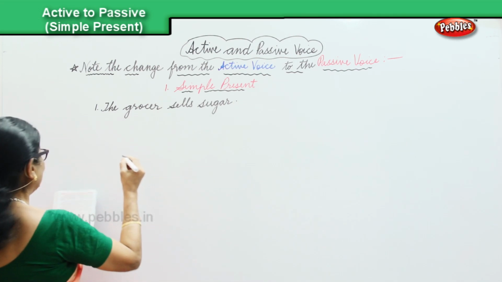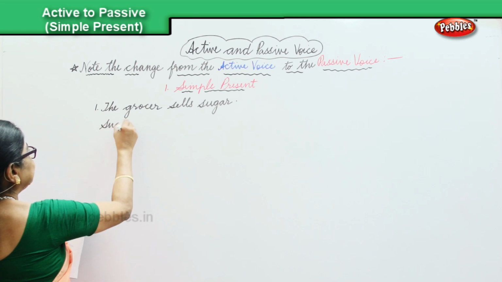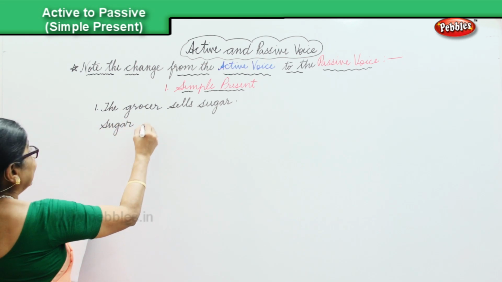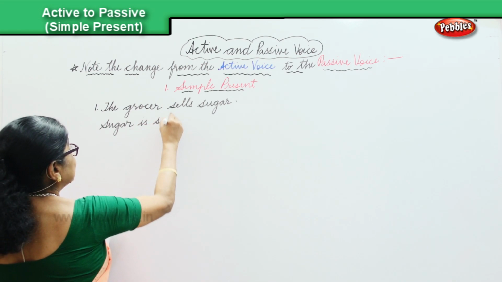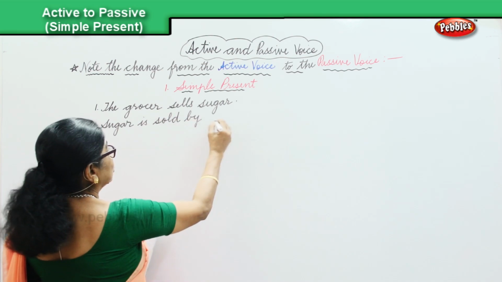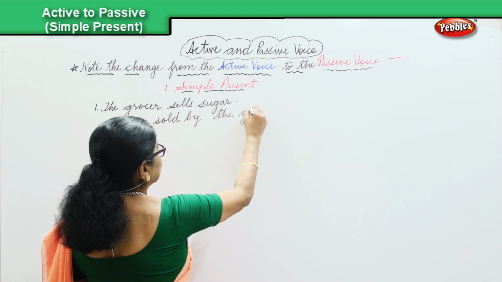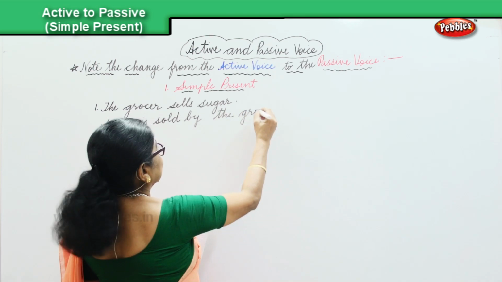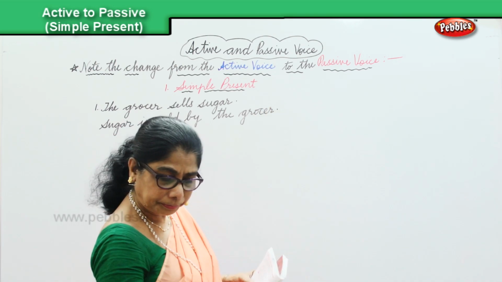In the same sentence we have the passive: sugar is sold by the grocer. Okay.